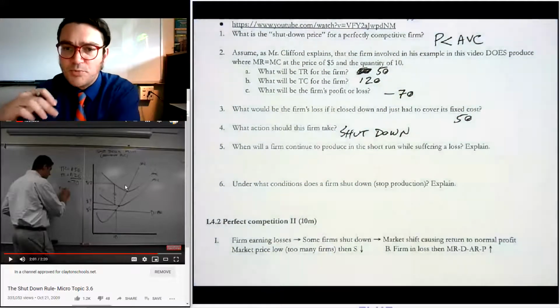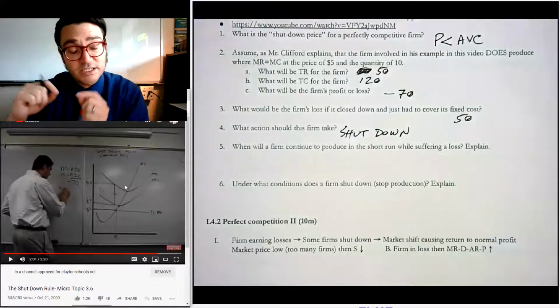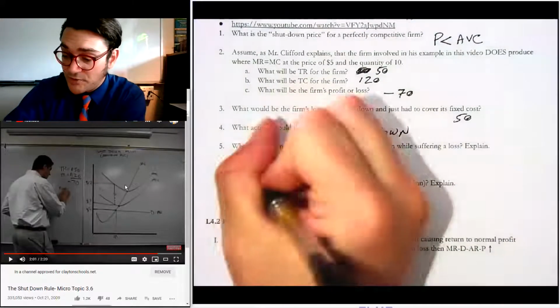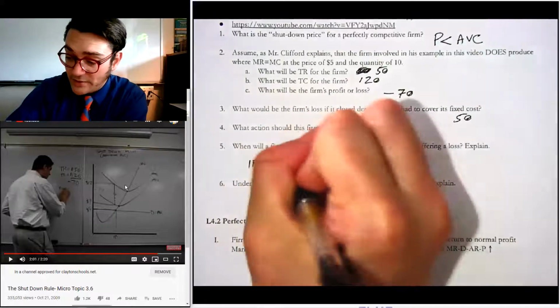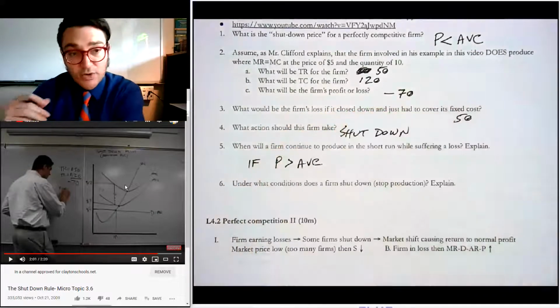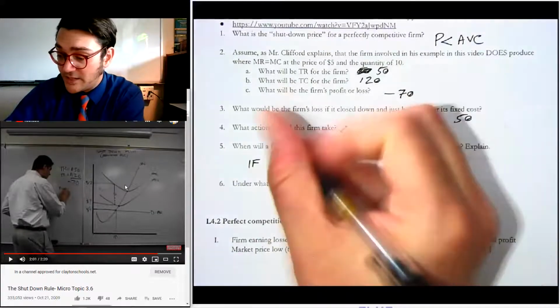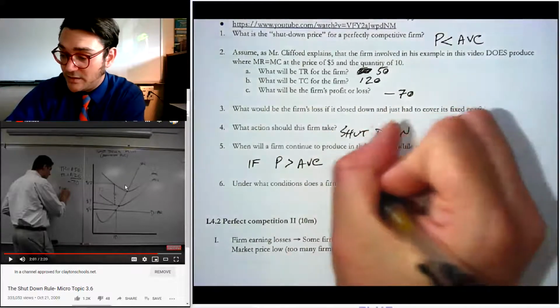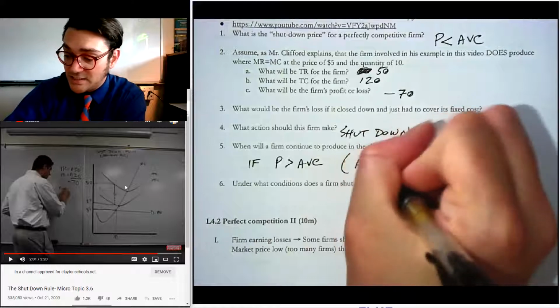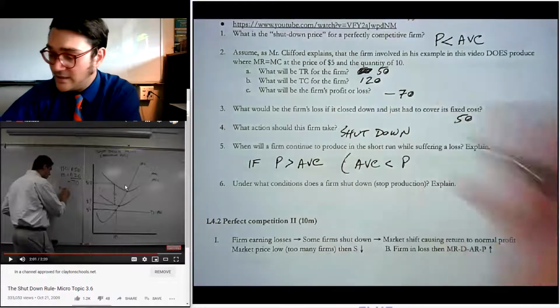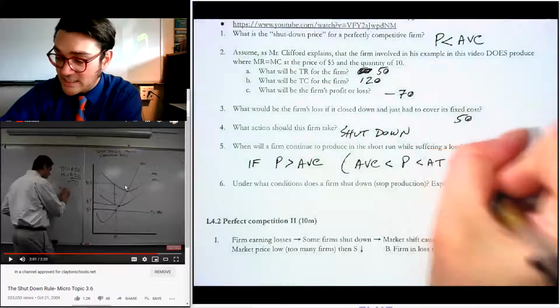When will the firm continue to produce in the short run while suffering a loss? Explain. They'll continue to produce if price is greater than AVC. Now, they'd be losing money in this scenario. The other way to say it would be that AVC is here, price is greater than that, and the price is less than the ATC.